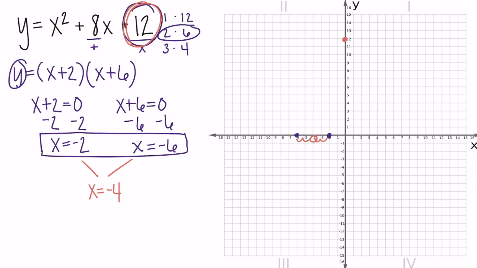Now we know the x. To find the y, we can just plug that back in to the original equation. So instead of x, we know for the vertex, x is going to equal -4. And then go ahead and solve it out. -4 squared would be 16. 8 times -4 would be -32.